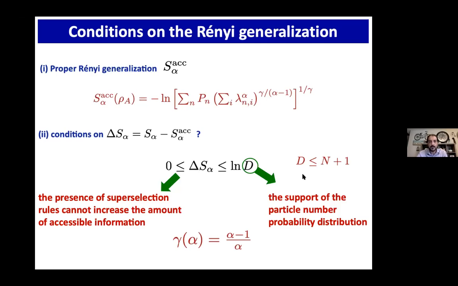And when we look at this, we find that actually there is only one possible value of gamma dependent on alpha, that gamma must be alpha minus 1 over alpha. Otherwise, you cannot guarantee this inequality to be satisfied in general.